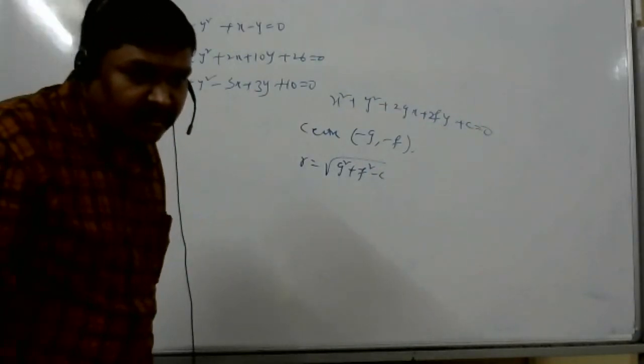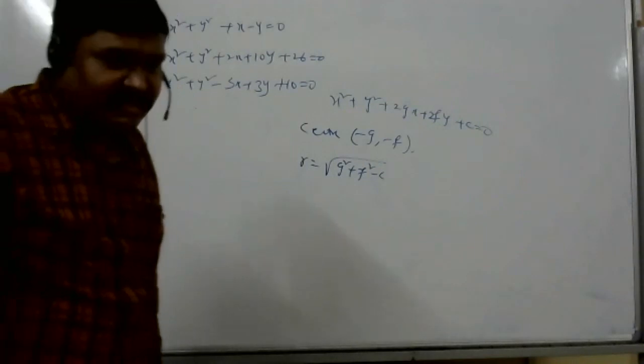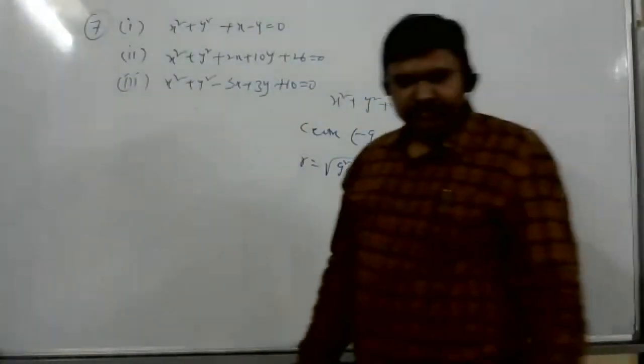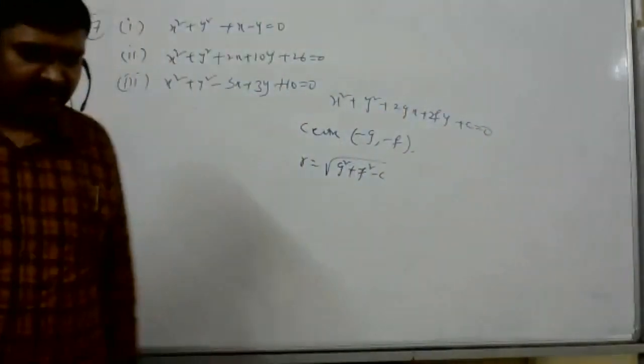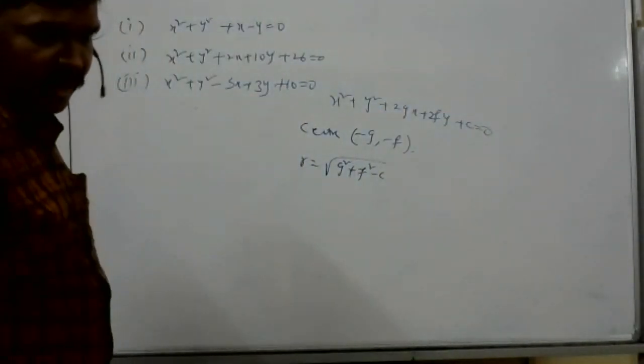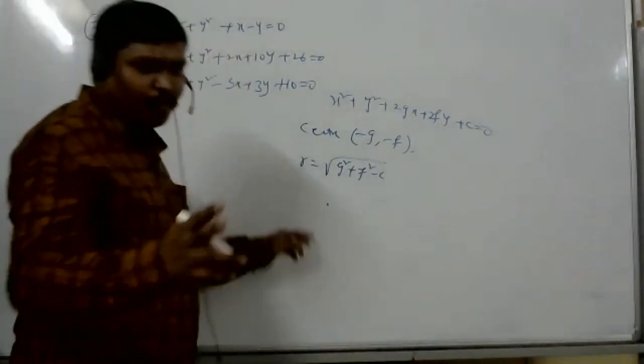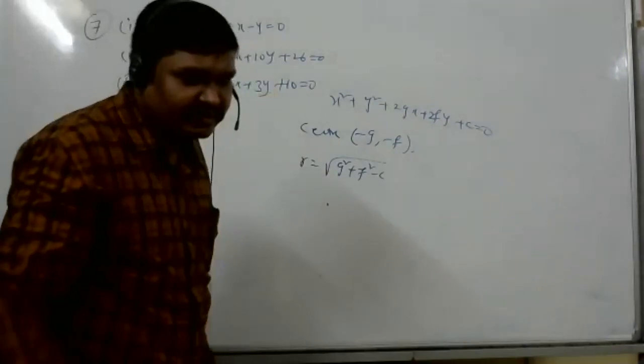No circle is an imaginary circle, where R is less than 0. See, that is a note point I forgot. Next class I will explain.